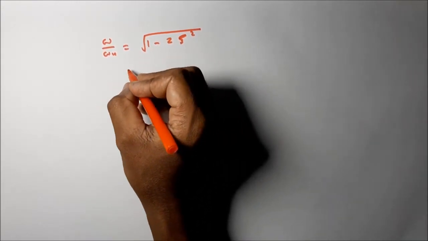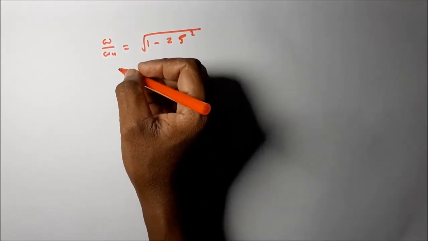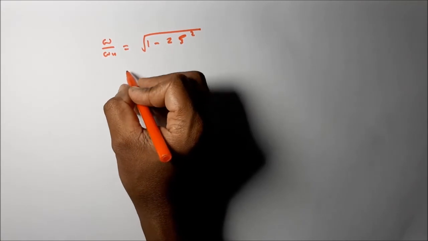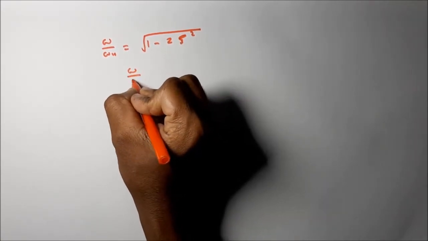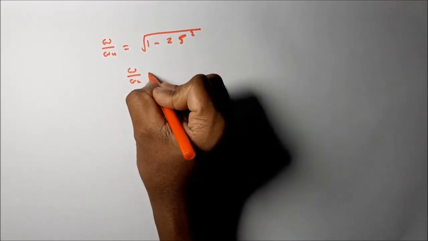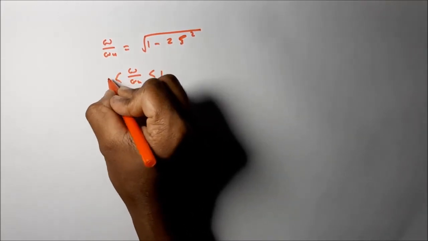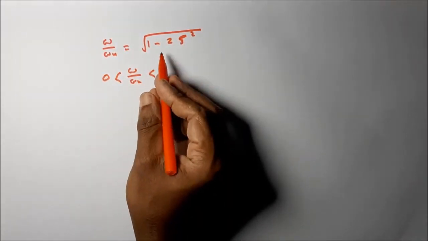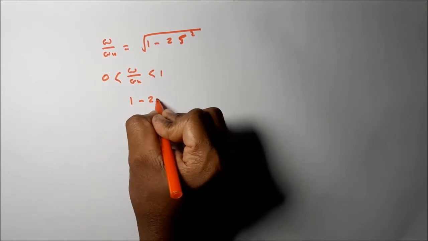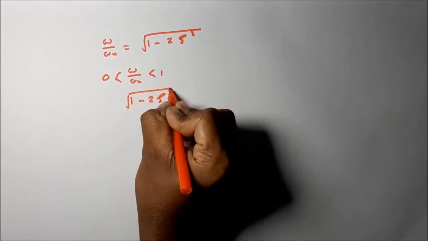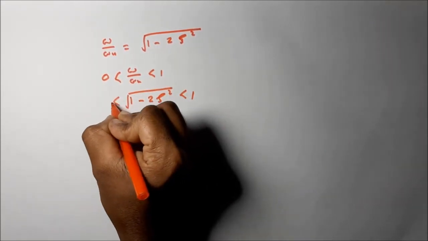If this is a maximum, it should occur in between 0 and 1. So omega divided by omega n should be less than 1 and also greater than 0, so this value, the square root of 1 minus 2 theta squared, also should be less than 1 and greater than 0.